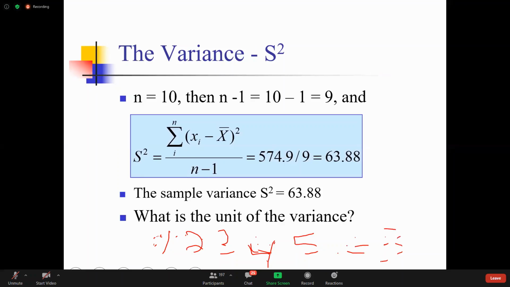Now, take the deviation from 3, which is the deviation from the mean. 1 minus 3 is what? Minus 2. Write it down. 2 minus 3 is minus 1. 3 minus 3 is 0.